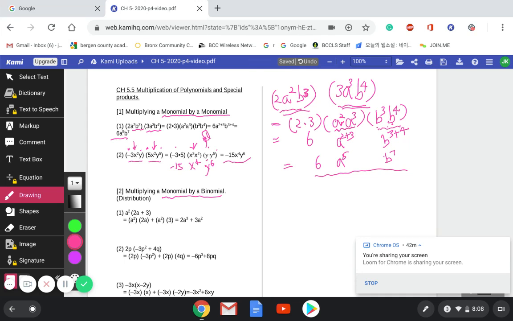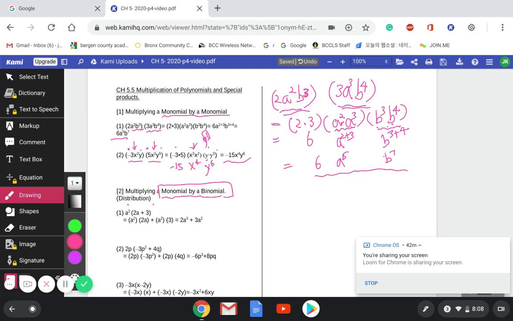So monomial multiplied by monomial is quite easy. All you have to do is combine the like terms or combine the same bases, and you apply the product rules. How about multiplying monomial by binomial? So for example, you have a squared multiplied by 2a plus 3.